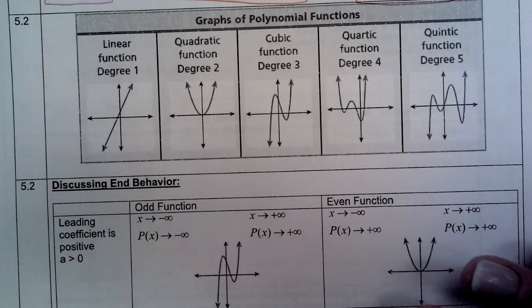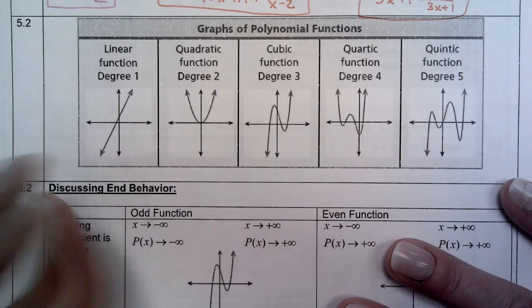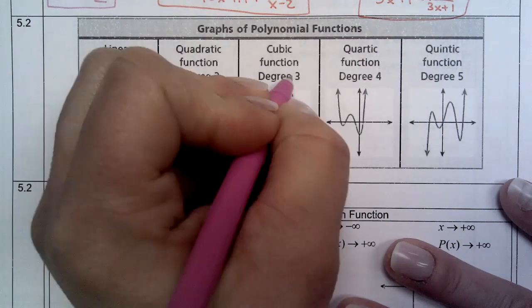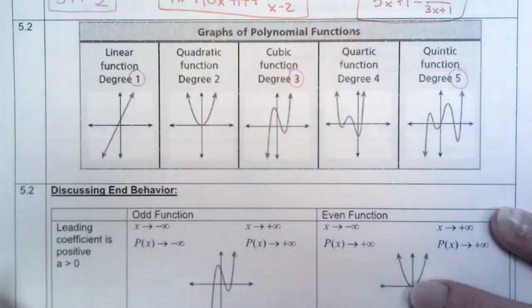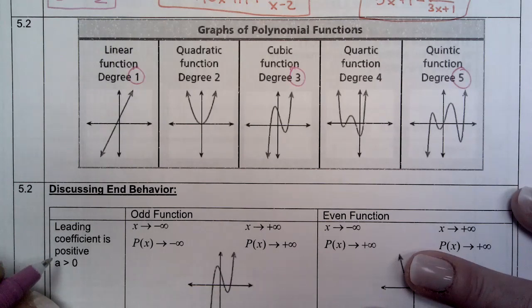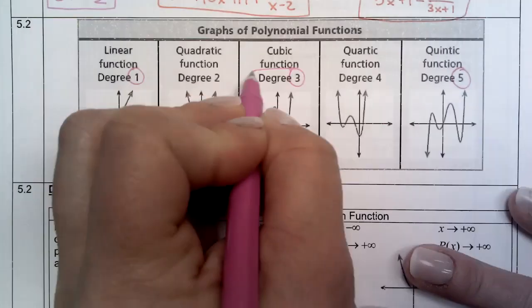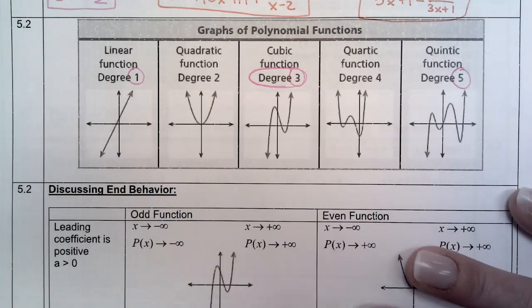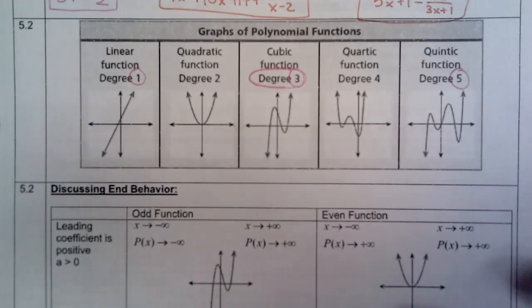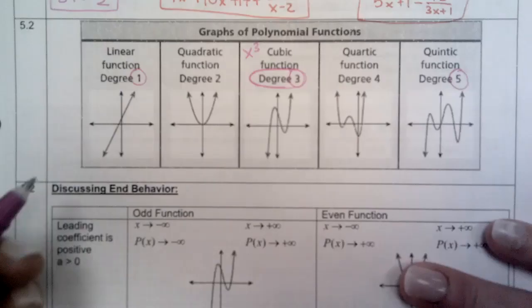Okay, so here's some graphs of some polynomial functions. Notice the degrees on these ones. These are all odd degrees, and they all follow the same behavior as the degree to the third power, or that cubic x to the third function.